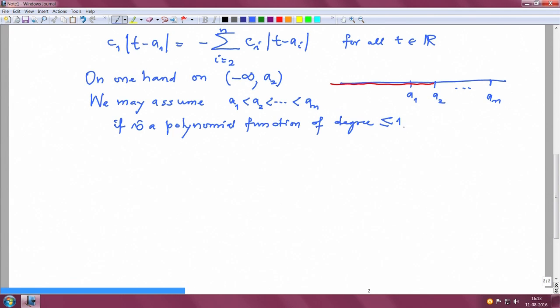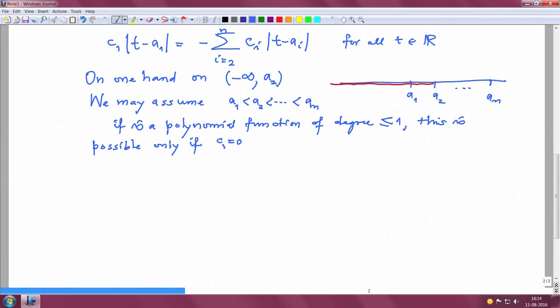So, it is clear that this is possible only if the coefficient C1 is 0, because on the other side it is positive, and on this side it is a polynomial of degree less or equal to 1.